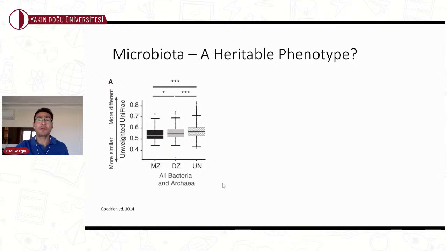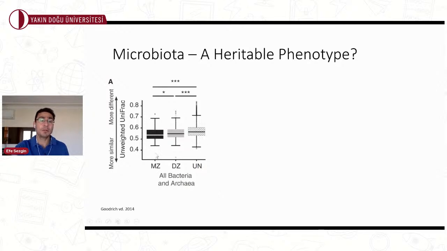From a quantitative genetics perspective, if a trait is heritable, you expect relatives to be much more similar to each other compared to non-relatives. So what they did is take monozygotic twins, who are supposed to be nearly 100% genetically identical, dizygotic twins, who are around 50% identical in terms of their genome, and unrelated individuals.